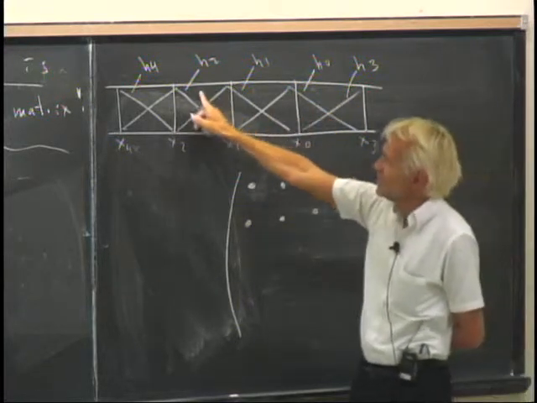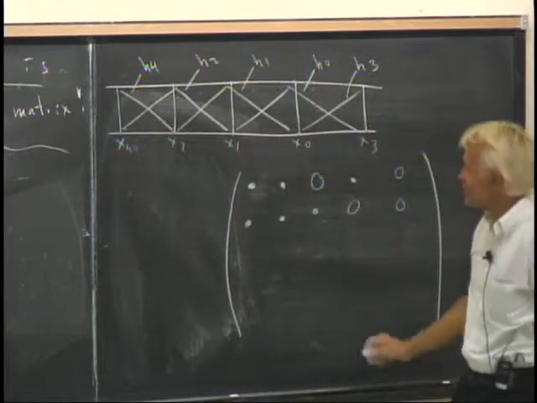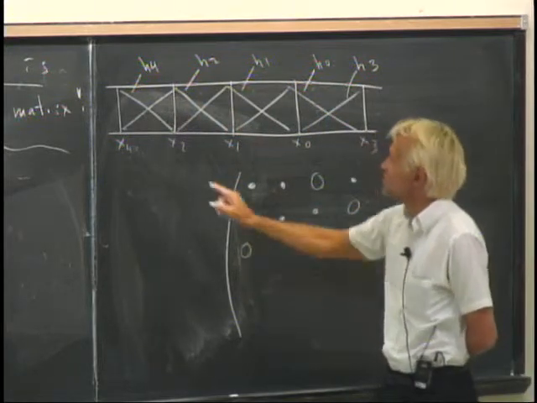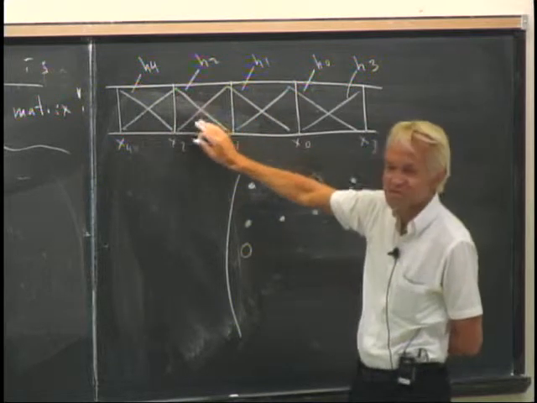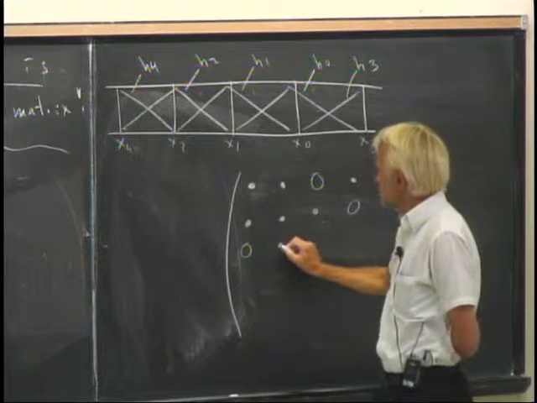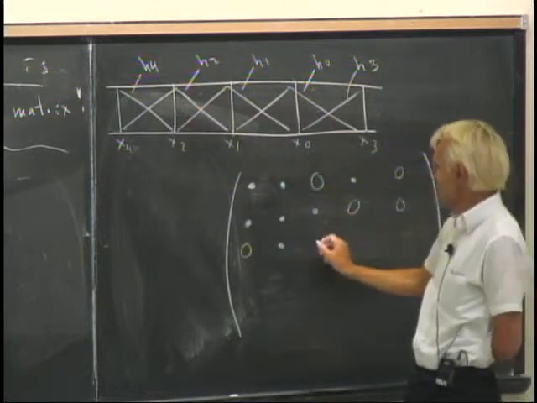h2 is this guy. Dotted with h0, no overlap, so it's 0 here. h2 dotted with h1 is different from 0 because they overlap there. Then comes h2 dotted with h3, too far away from each other, so this will be 0.